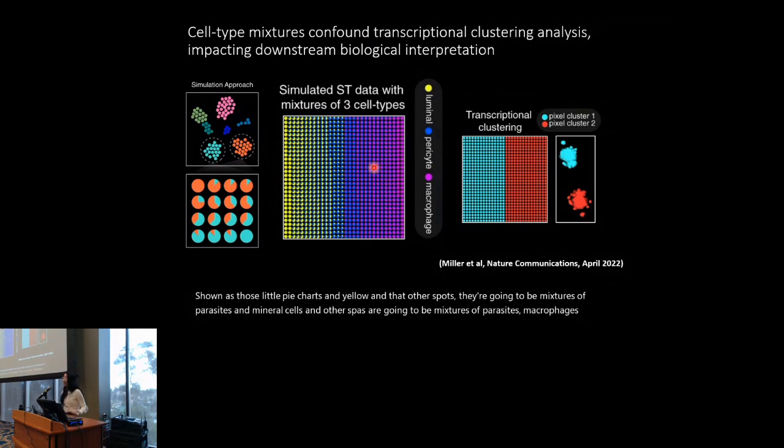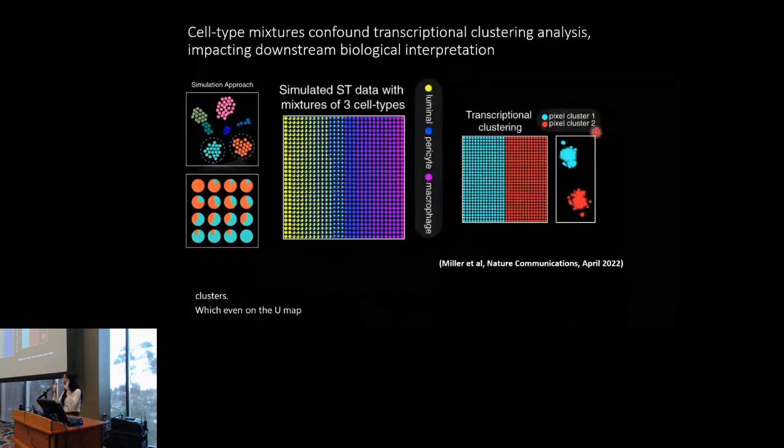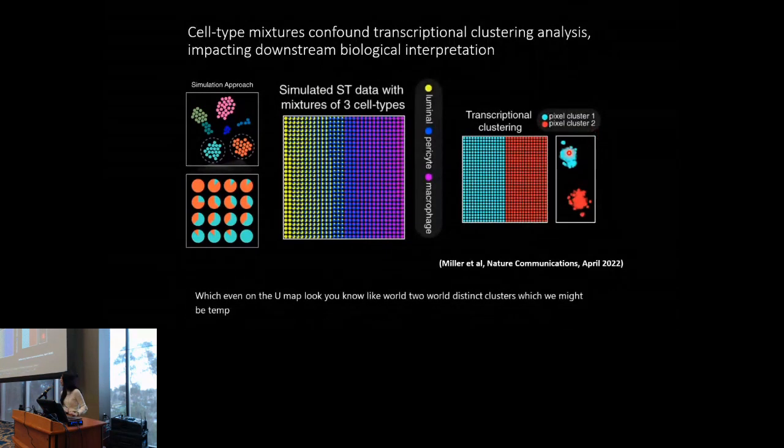And of course, the gene expression that we get from these spots is also going to be a mixture of these different cell types. So if we were to perform regular transcriptional clustering, dimensionality reduction and clustering on this type of cell type mixture, what we get is, in this case, 2 very distinct pixel clusters, which, even on a UMAP, look like 2 real distinct clusters, which we might be tempted to interpret as 2 different cell types.